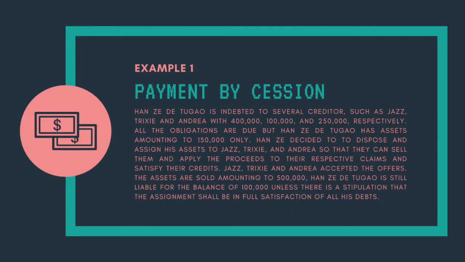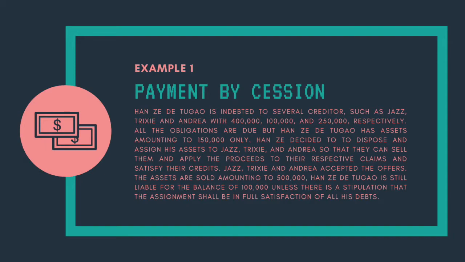Example: Blo is indebted to several creditors such as Blo and Andrea with 400,000, 100,000, and 250,000 respectively. All the obligations are due, but Blo has assets amounting to 150,000 only.